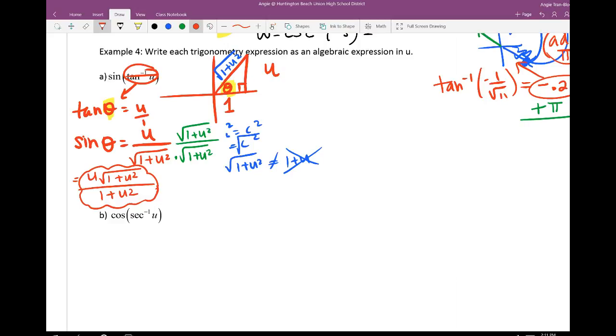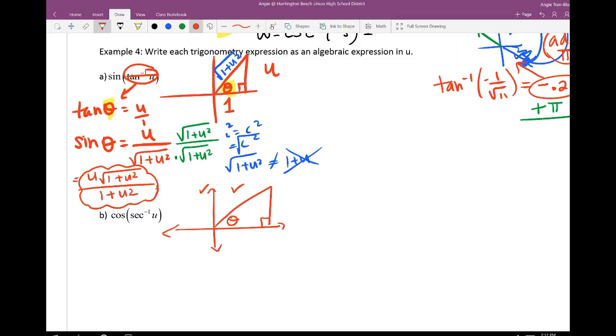Cosine of secant inverse of u. Similarly, we draw a triangle. Secant inverse is restricted to quadrants 1 and 2, and again u is unknown, so technically you can draw it anywhere you want. Secant is the reciprocal of cosine.